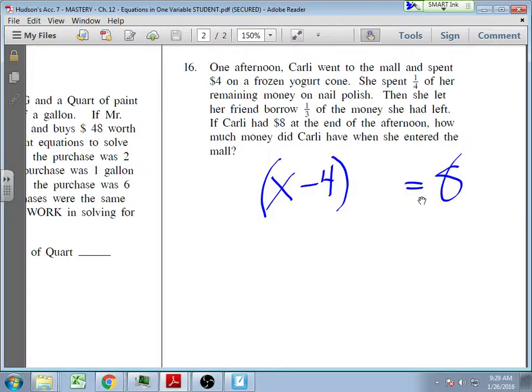She then spent 1/4 of her remaining money on nail polish, but if she spends 1/4, how much does she have left? 3/4. So she'll have left 3/4 of whatever she had after the nail polish. And then when she gives her friend 1/3 of her money that's left, what does she keep? 2/3.